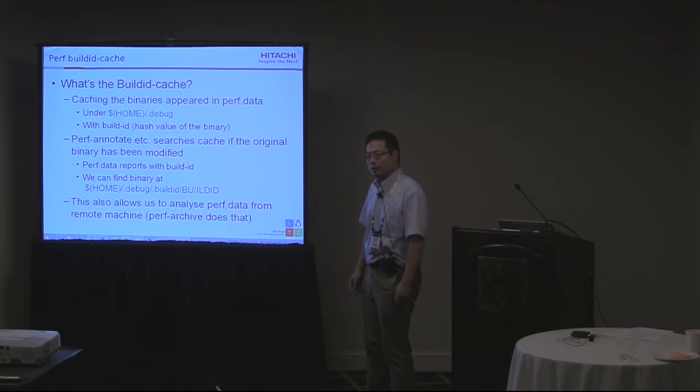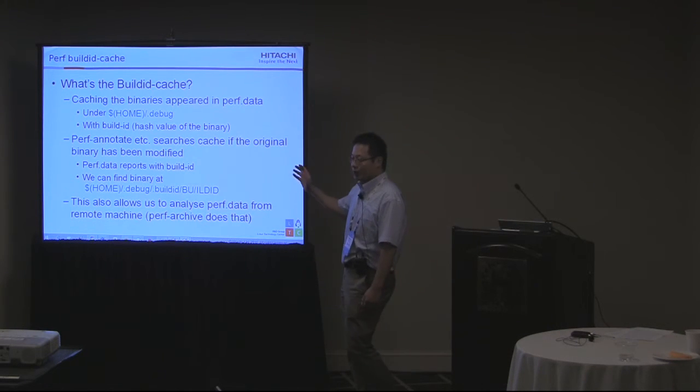Since you have the information about which events are being used and what is being fetched by these events, could there be some kind of compressed information that could be put into this build ID cache rather than putting the entire executable?